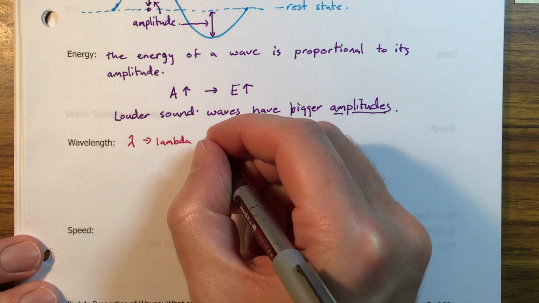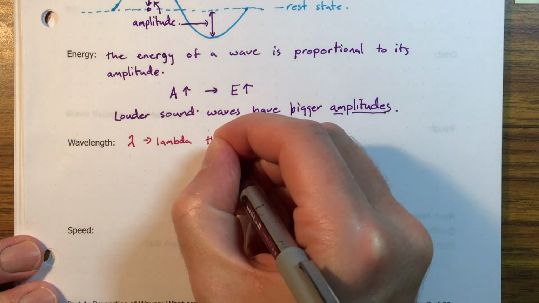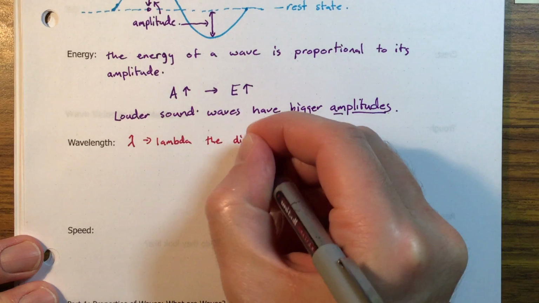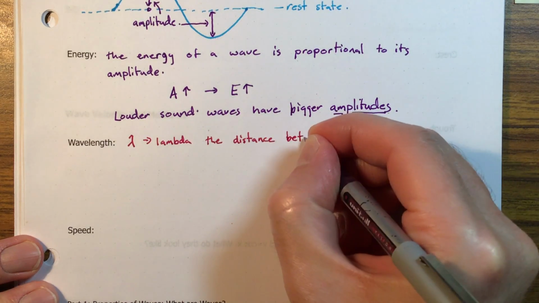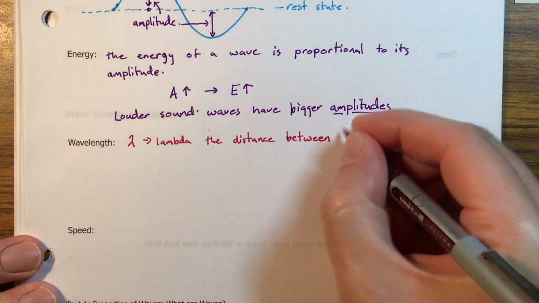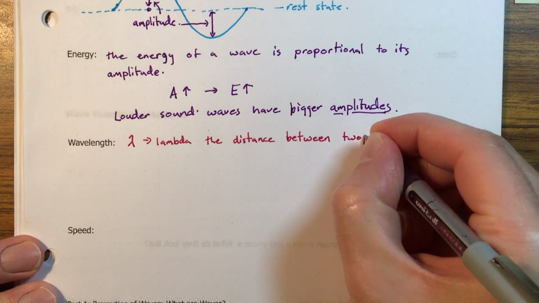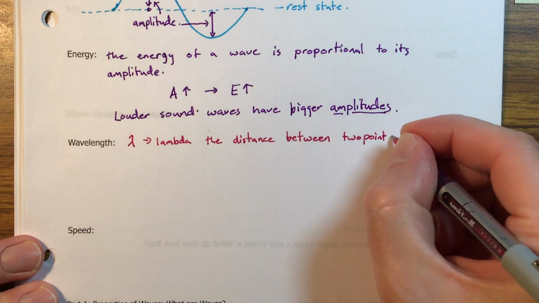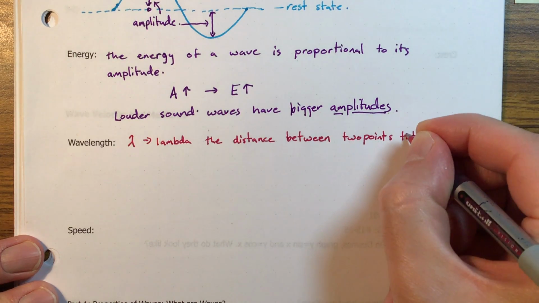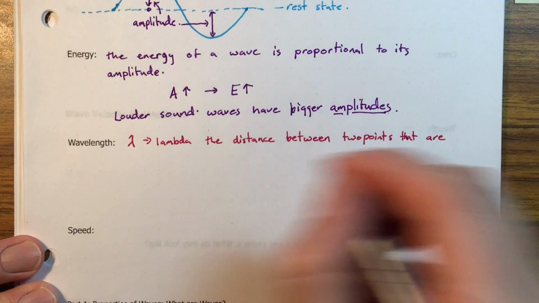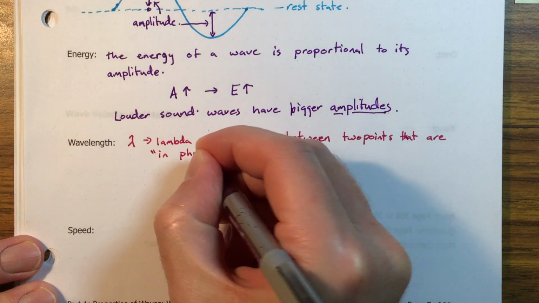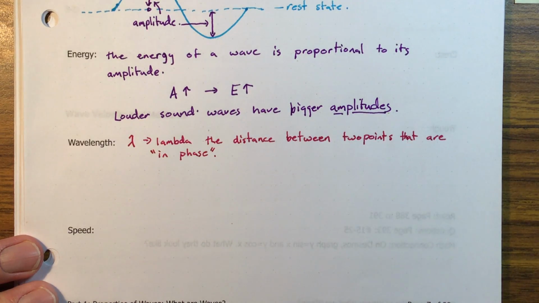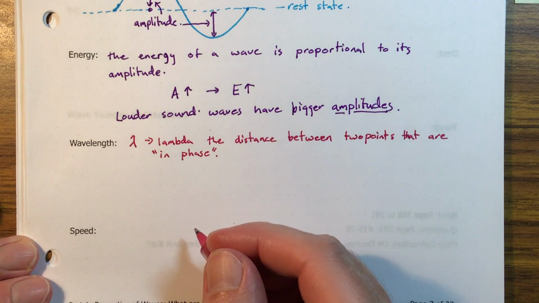A wavelength is the distance between 2 points that are in phase. So these 2 points are in the same place of the wave.